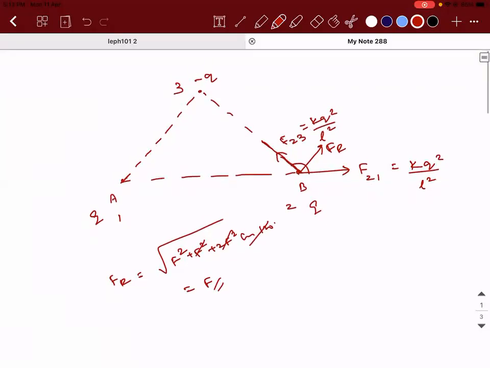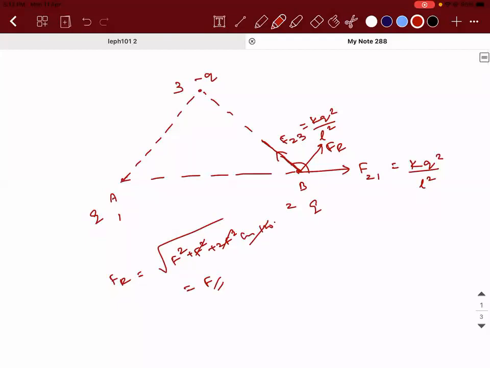This is simple. Then what about the charge which is present at point C? Due to this positive charge, the force is in this direction. Due to the charge at point B, the force is in this direction. So this force is F, this force is F. What is the angle between both?